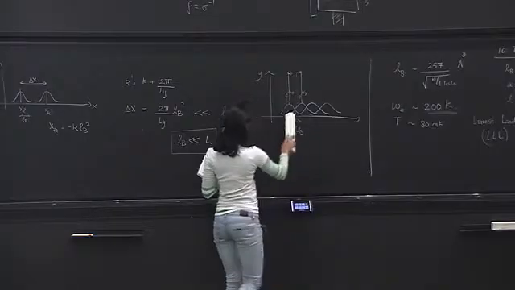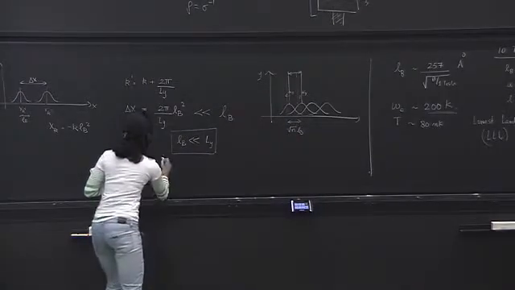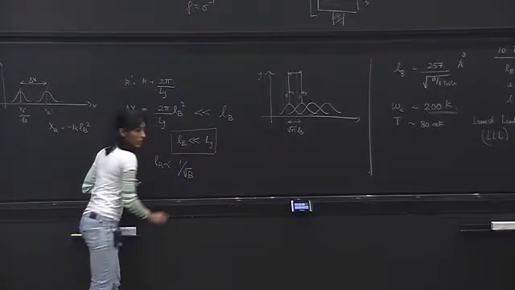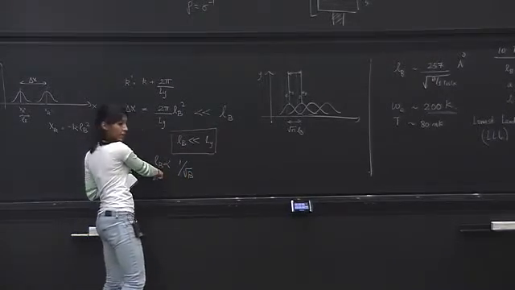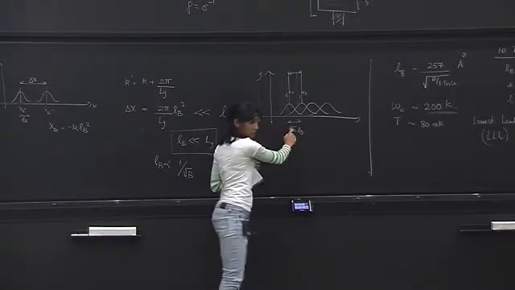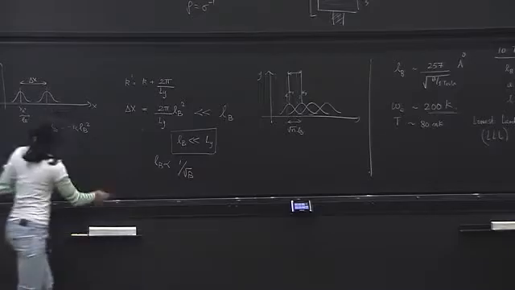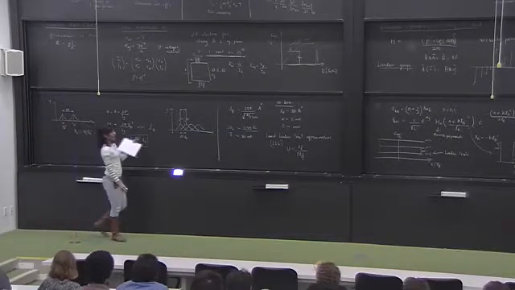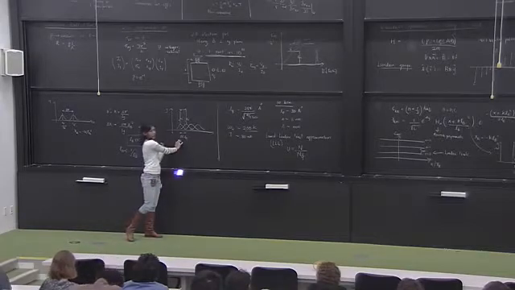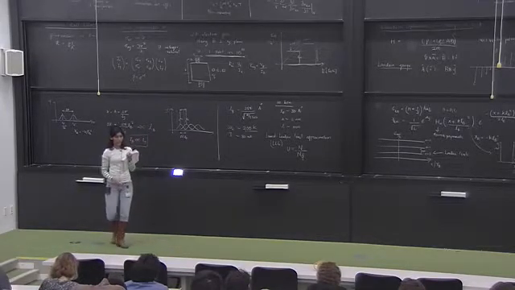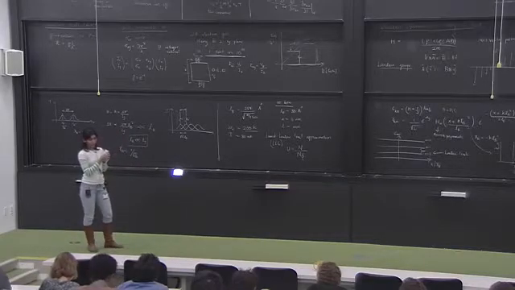For a strong magnetic field, it's useful to remember LB is proportional to 1 over square root of B. Strong magnetic field, smaller magnetic length, better this is the picture. Weaker magnetic field, this is the picture. So where we're thinking about experiments in a phenomena, this is the picture. Spacing much lesser than width.